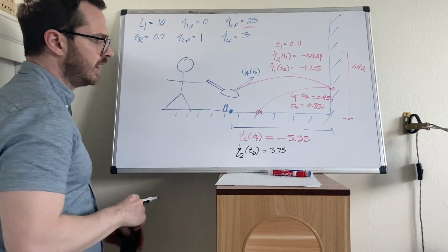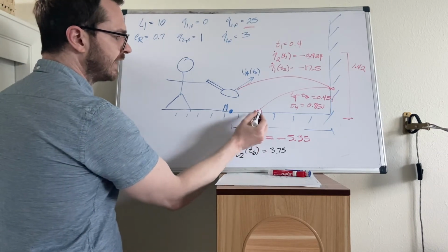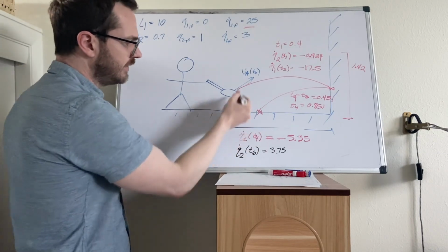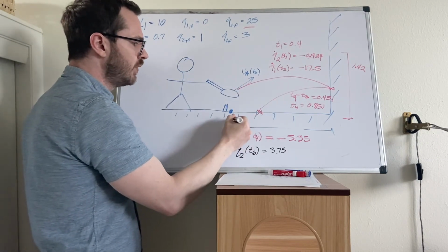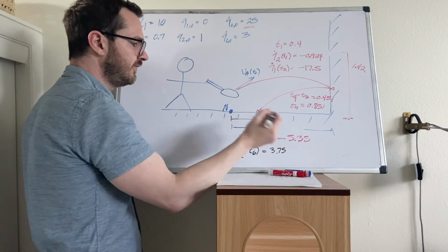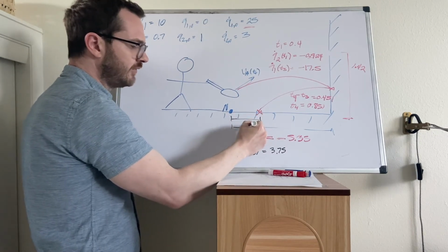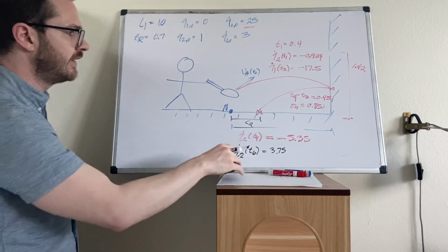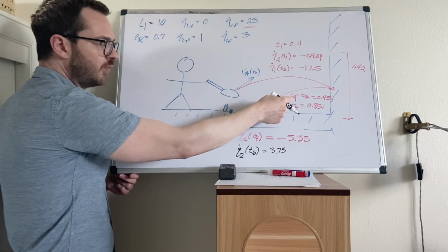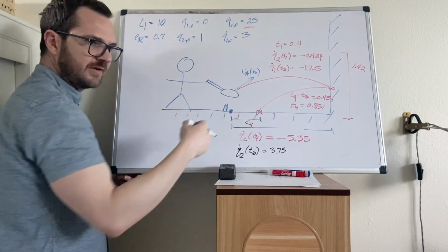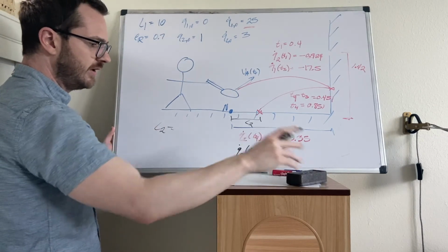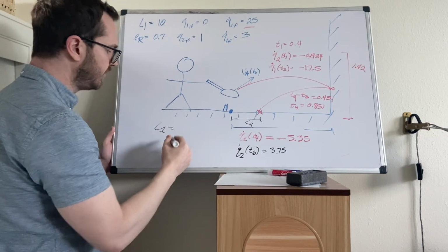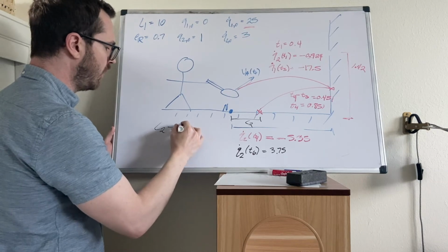And then we also want to know where this second impact is. Well, the y component is clearly 0 because it's on the ground. So we want this distance, and let's call that distance L2. How do we find L2? Well, we have the time and we have equations for the ballistics in the x direction. So L2, you put it into your equations. L2 comes out to be 2.1.